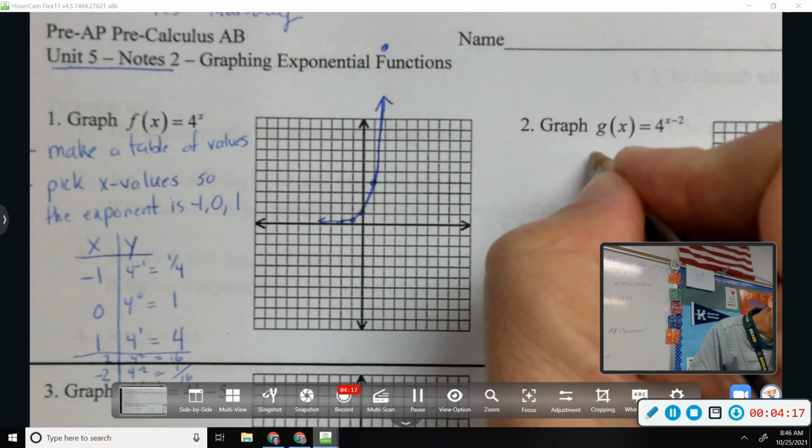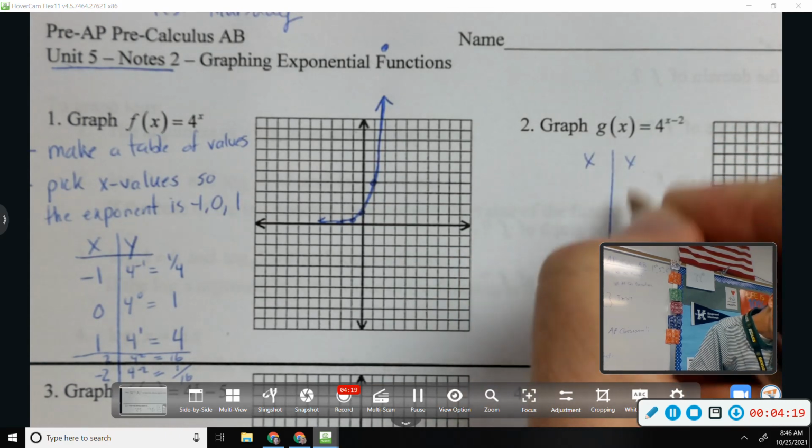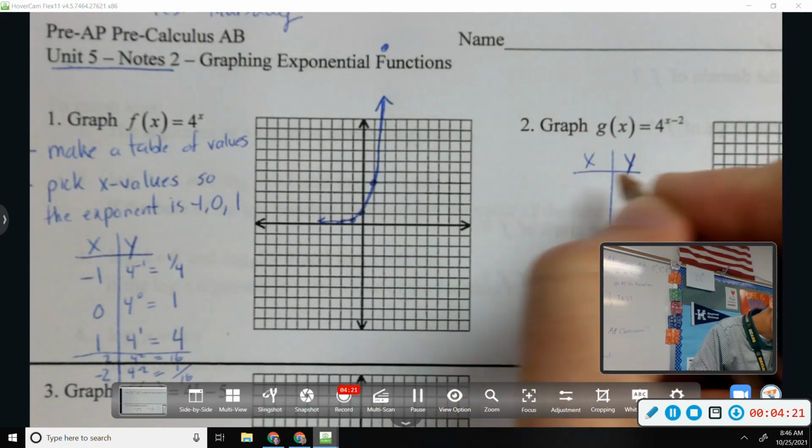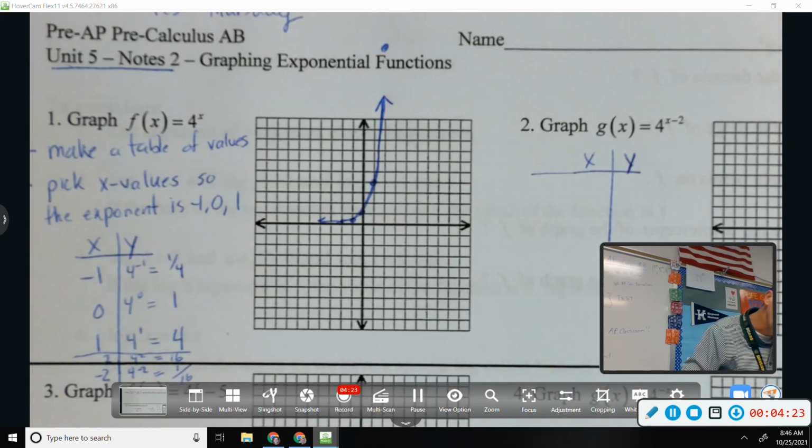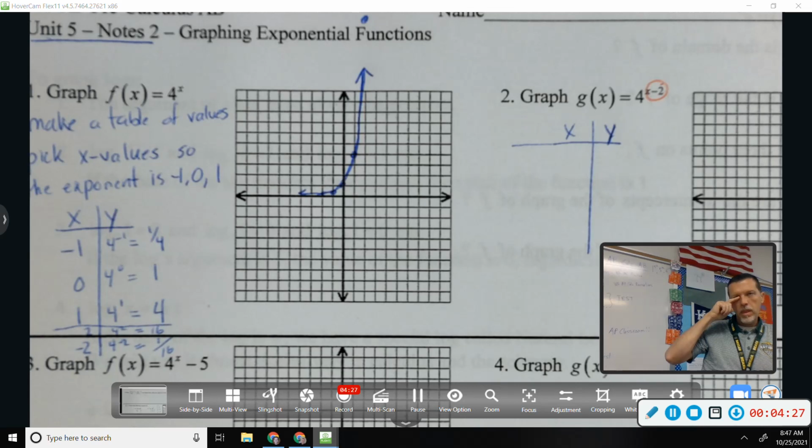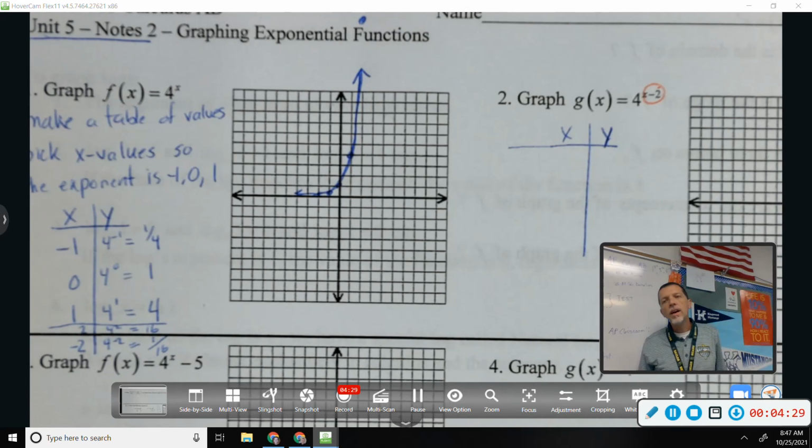Number 2, x and y. Okay, this is where things get a little interesting because it's not just an x up there, it's x minus 2. There are 2 ways to handle this.